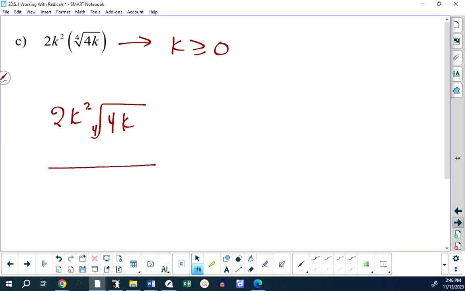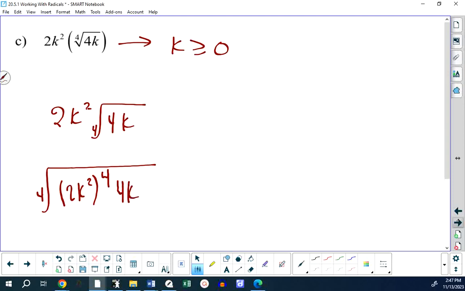So we can move all this stuff outside, inside, but we have to raise it to the 4. Whether you want to write underneath there 2k squared times 2k squared times 2k squared times 2k squared, or 2k squared to the 4, I don't care. One way or another, we also have to include this 4k.